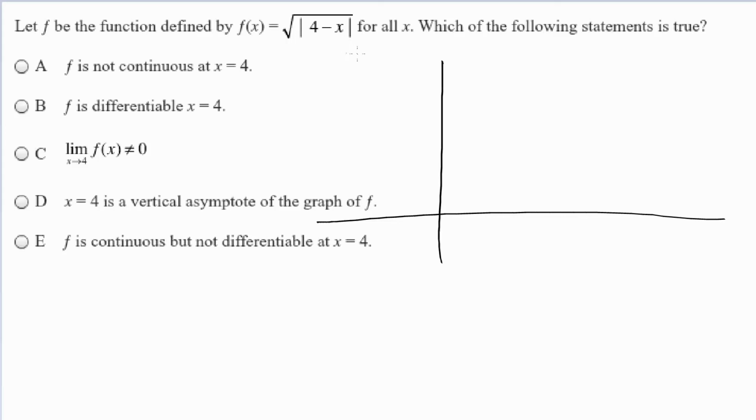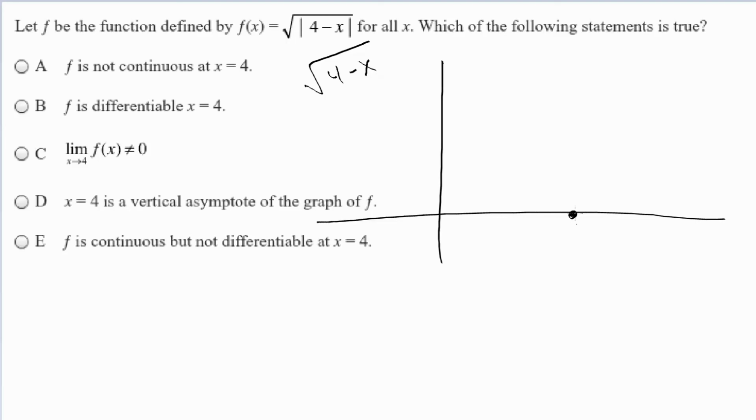And let's see what that is. Normally, this would be upside down. So if x is 4 and above, we're really just graphing the square root of 4 minus x. Actually, if x is 4 and below.